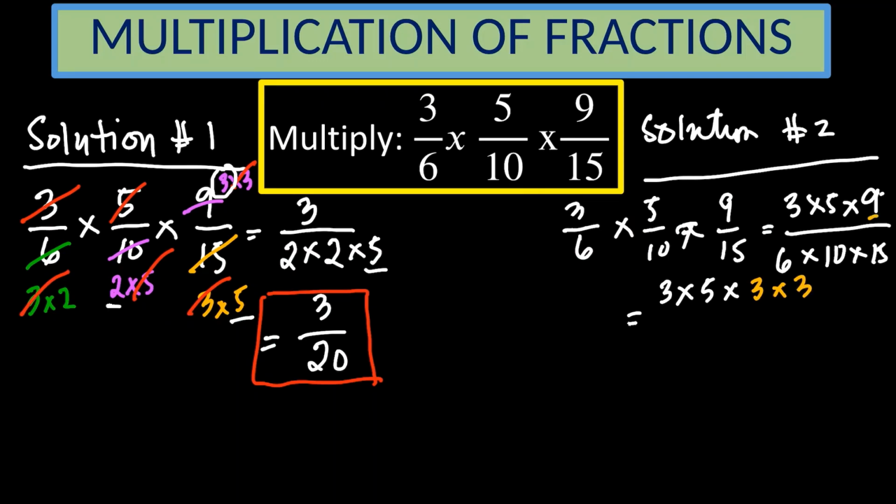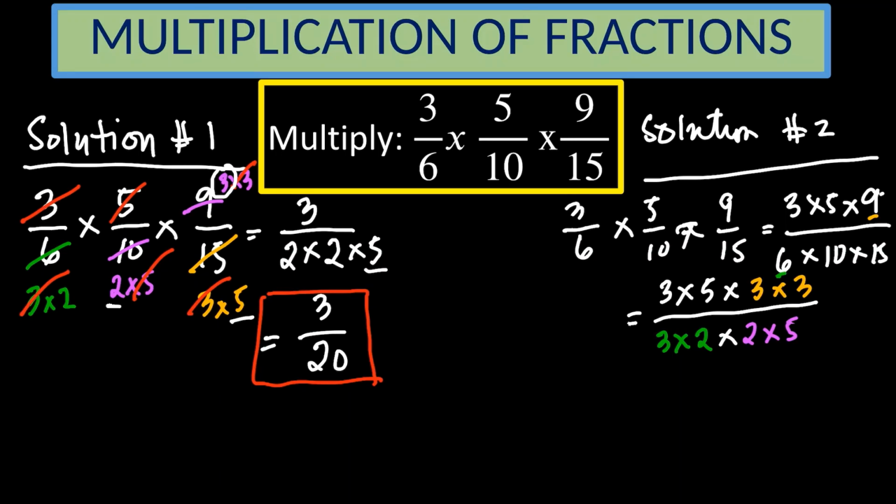Let's go to the denominator. What are the prime factors of 6? The prime factors of 6 are 3 times 2, times, what are the prime factors of 10? The prime factors of 10 are 2 times 5.